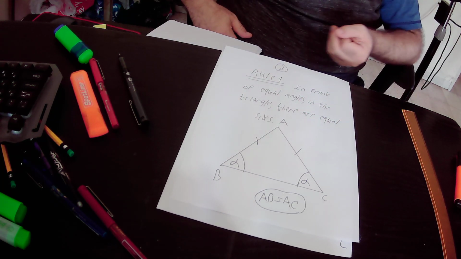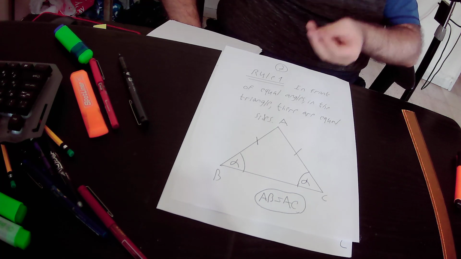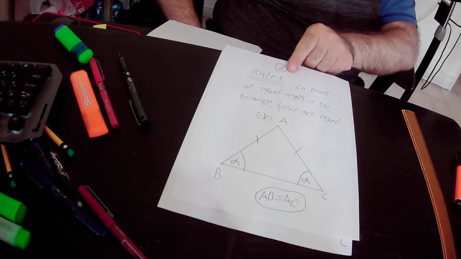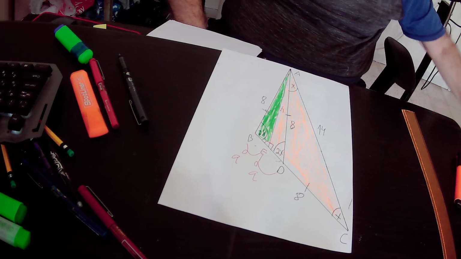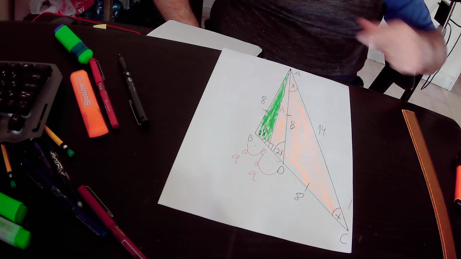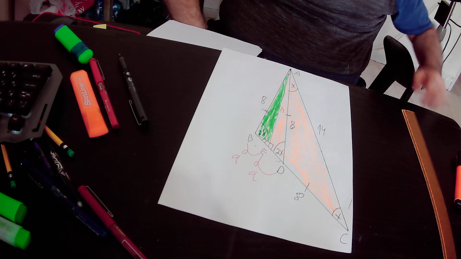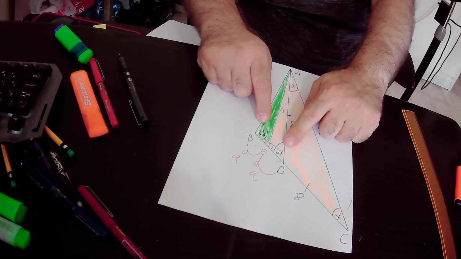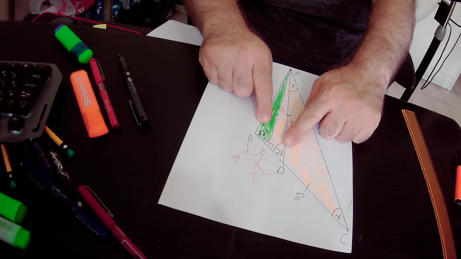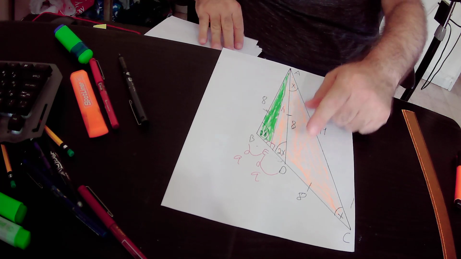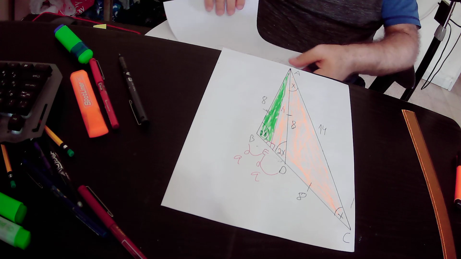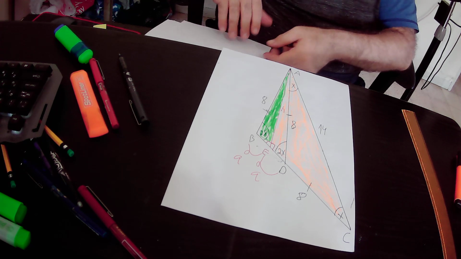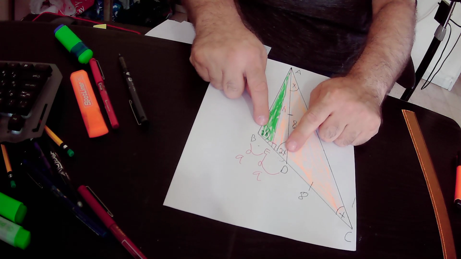Okay, so we actually can implement rule number 1 in our triangle ABD, because triangle ABD has two angles that are equal to each other. Both of those two angles are equal to 2x. So according to rule number 1, in front of those two equal angles there are equal sides.